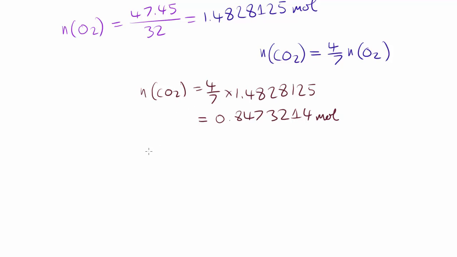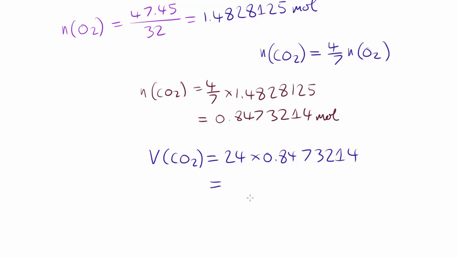Therefore the volume of CO₂ is going to be equal to 24 multiplied by the number of moles we got for carbon dioxide, 0.8473214, and that's going to be 20.3357136, in decimeters cubed.